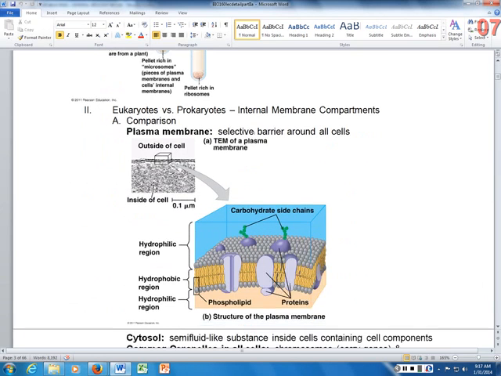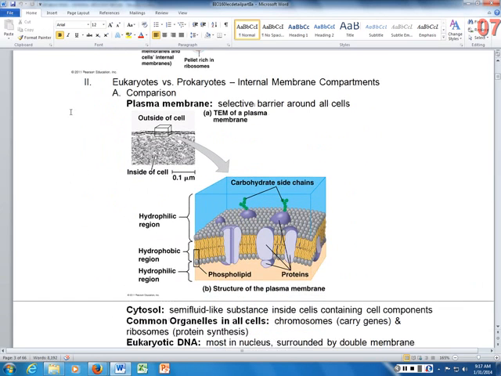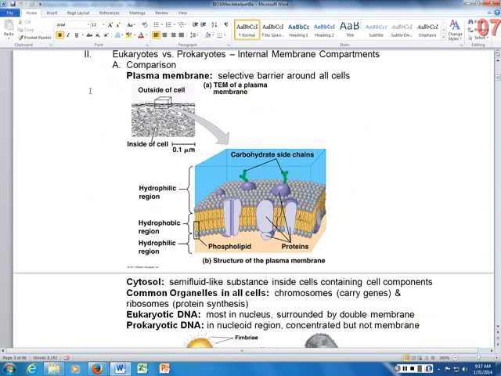So the cells that we look at, we're going to have the two major variations. We don't really get to look at archaea a whole lot. They live in environments that are hard to get to. Most humans don't have the means to go into a volcanic vent 800 feet down into the ocean.